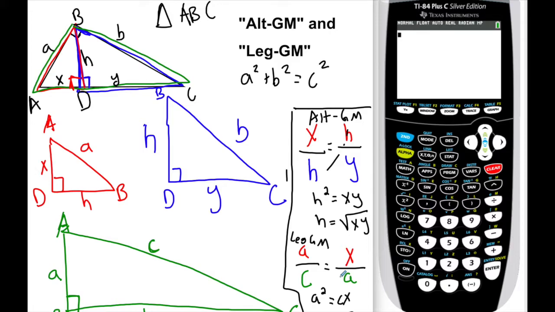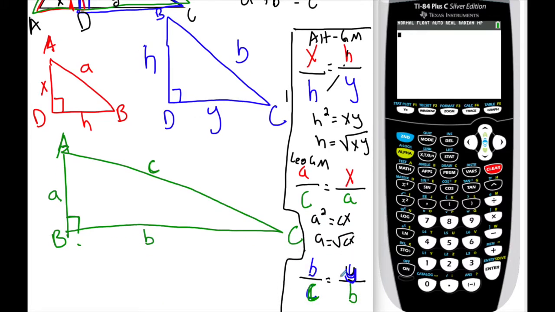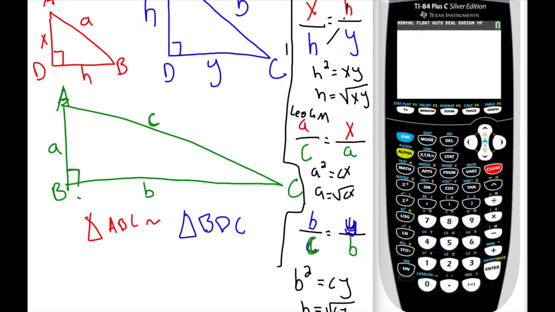So again, this all boils down to similarity, right? We started by talking about how triangle ABC is similar to triangle BDC, remembering to line up the letters.